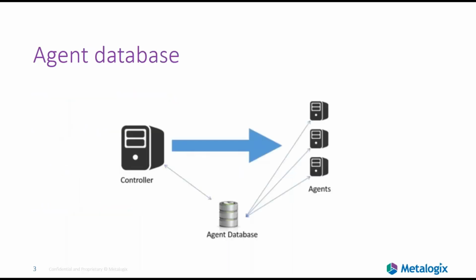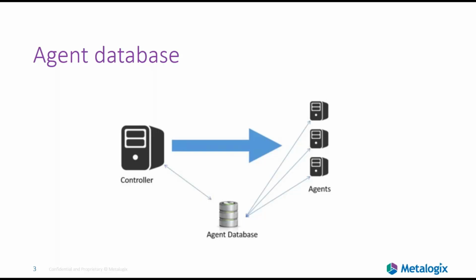In the diagram that you see before you, it shows us how the distributed model works and what the different components are. We see one component is the controller, which is basically a Content Matrix console, the regular Content Matrix console. And we have the agent database and the agents.